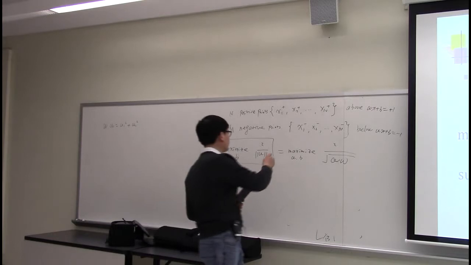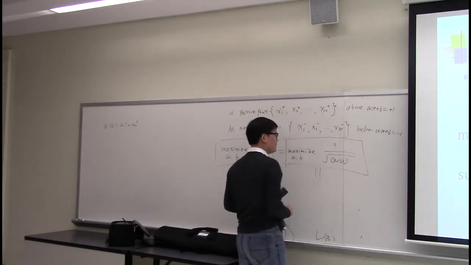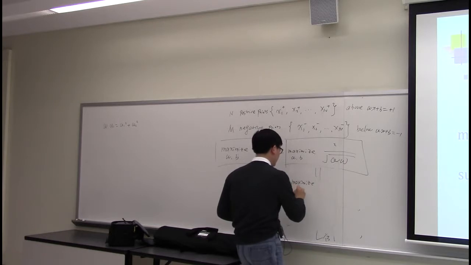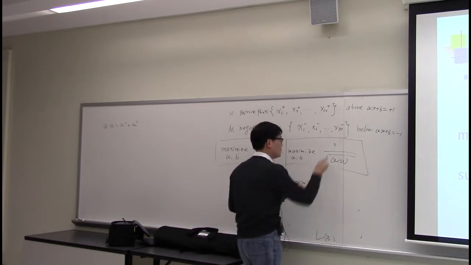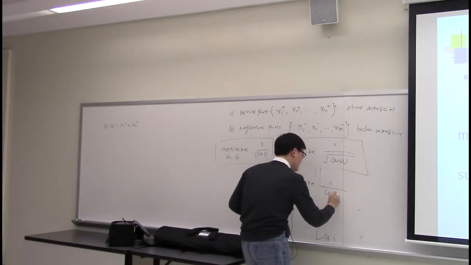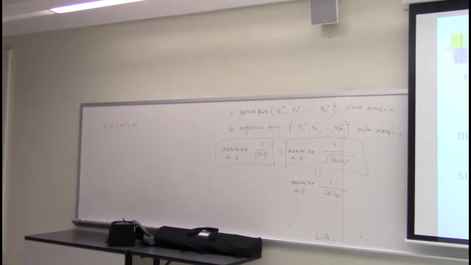And this is equivalent to maximize... 2 is a constant. We just set the constant equal to 1. 1 over W dot W. The same as minimize. Because the square root is a monotonic function.